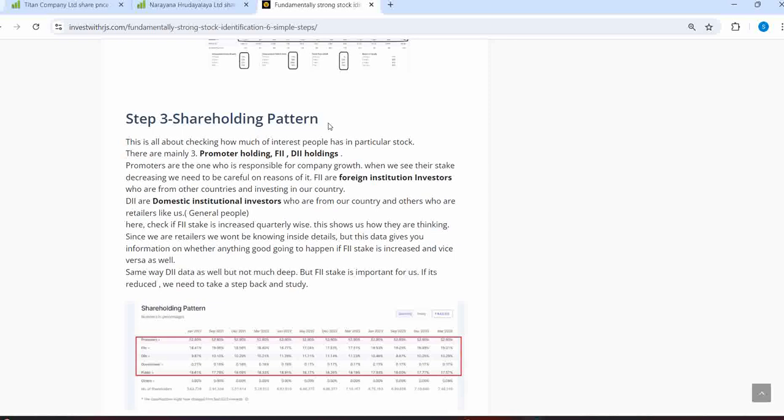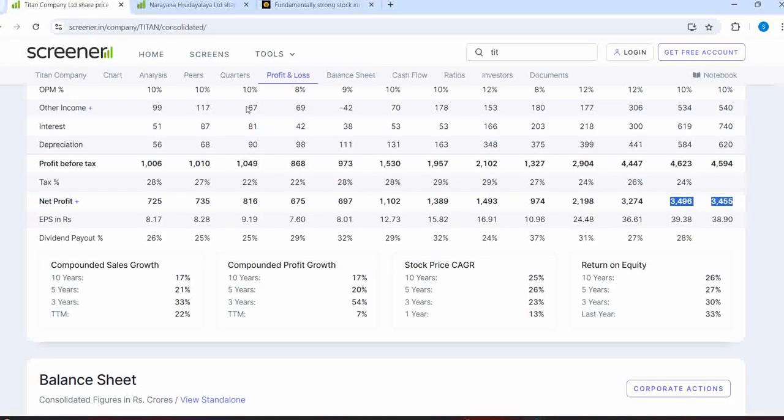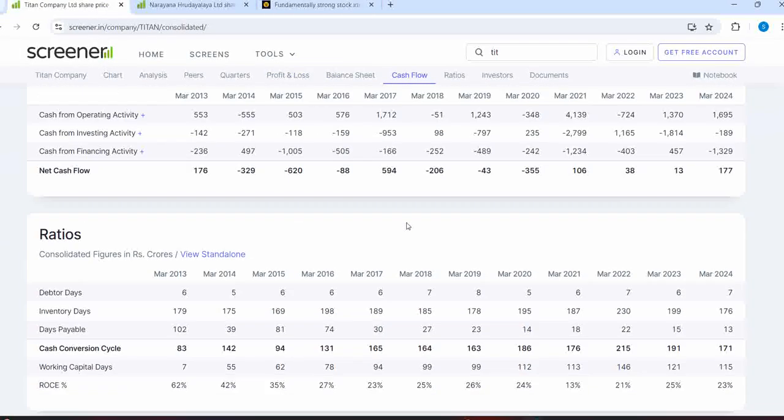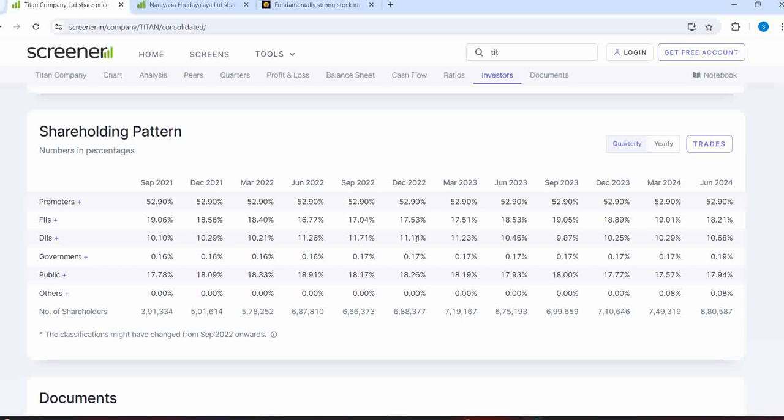Then shareholding pattern. This shareholding pattern will inform you whether the share is in safer hands or in retail hands. If you see here, take any share. Most of the times the FIs' stake will provide us the direction of the stock.